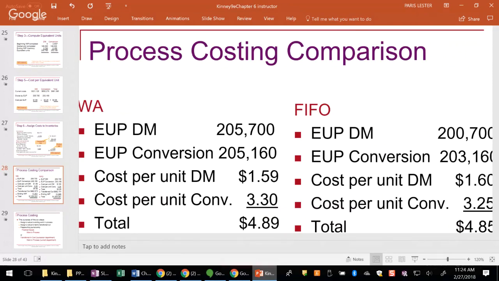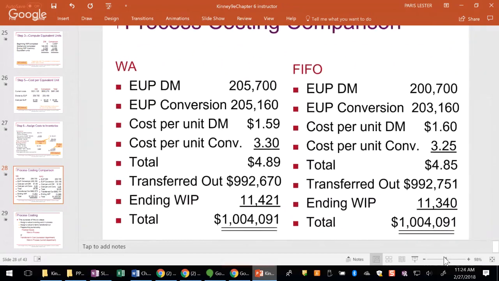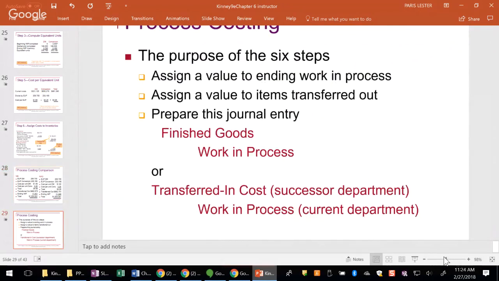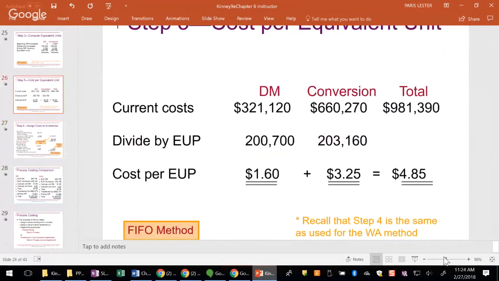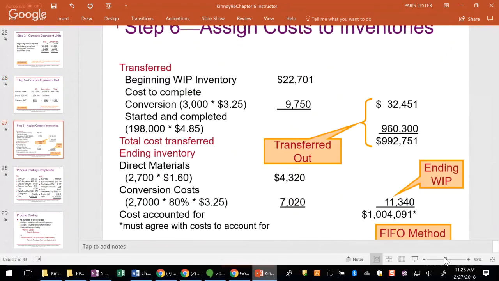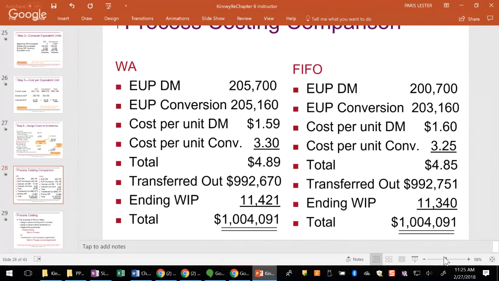By the weighted average method, you got 489, and this thing doesn't cooperate. You got $1.60. This is your total cost. That'd be your cost transferred out. I was down here somewhere. All right, you got 489 under the weighted average, and you got 485 under the FIFO.